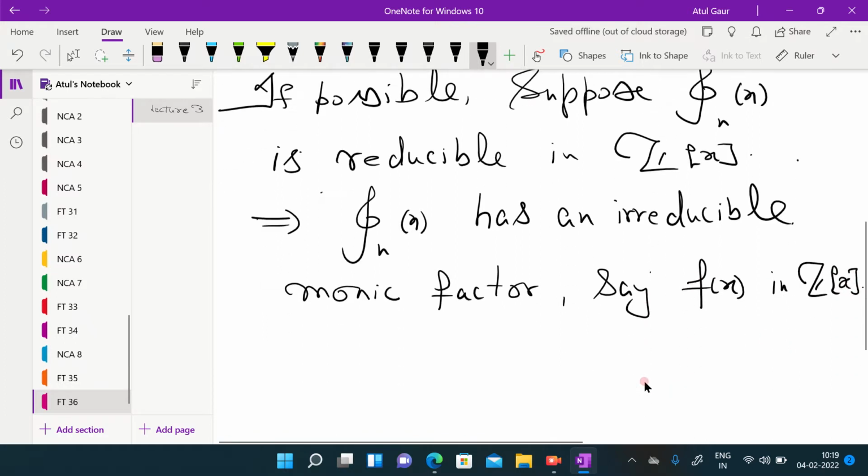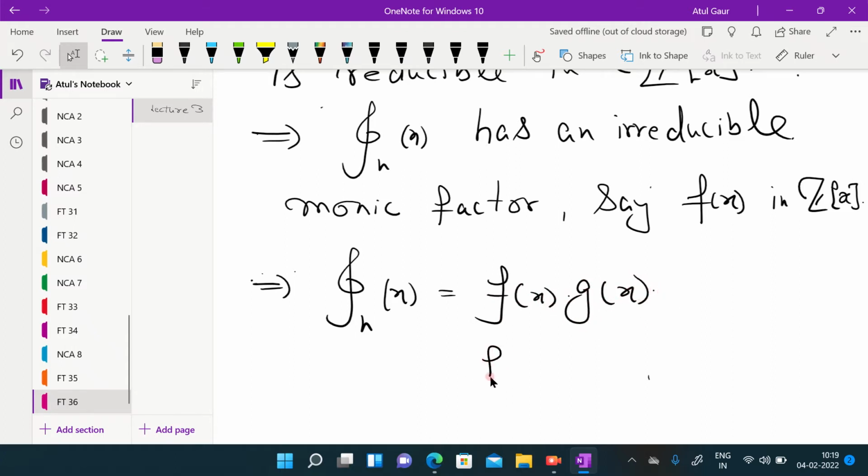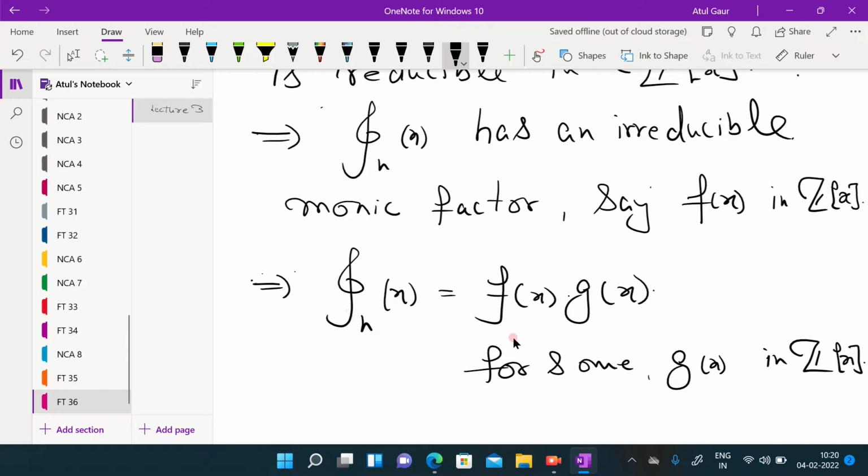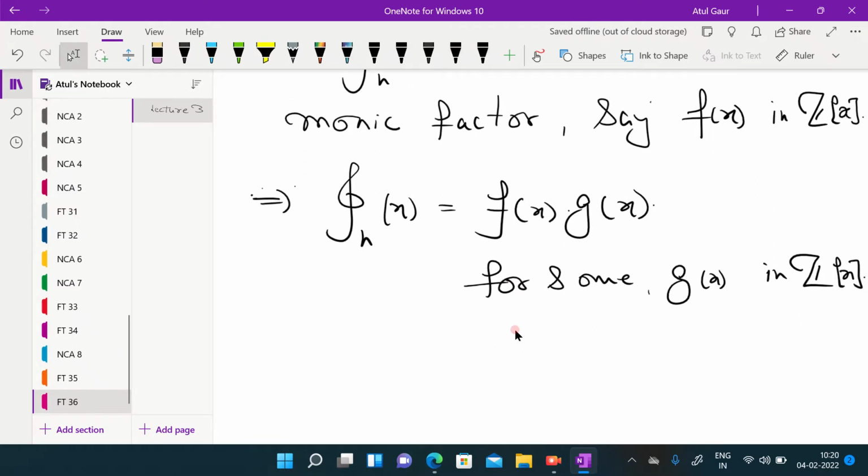This would mean Φn(x) will be equal to f(x) times some g(x) for some g(x) in Z[x]. Because Φn(x) is also monic, f(x) is also monic, so g(x) will also be a monic polynomial, naturally.